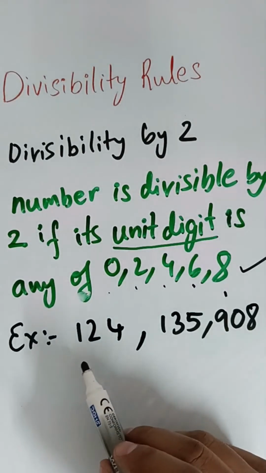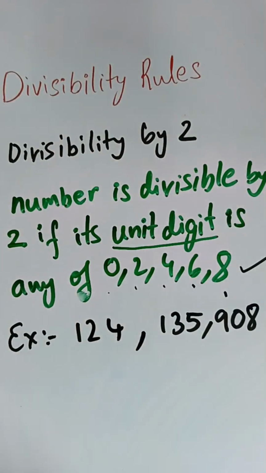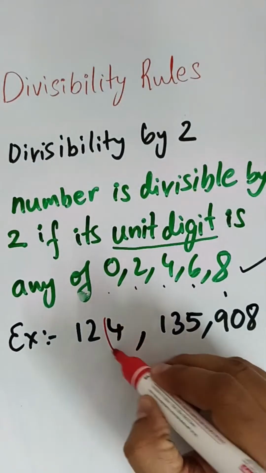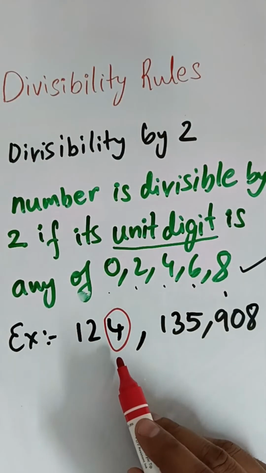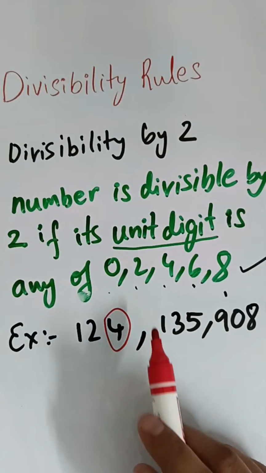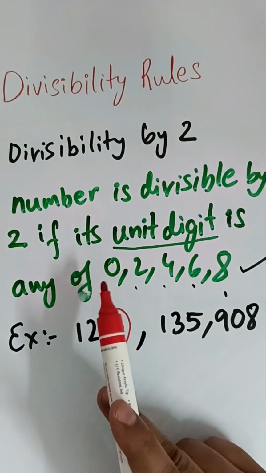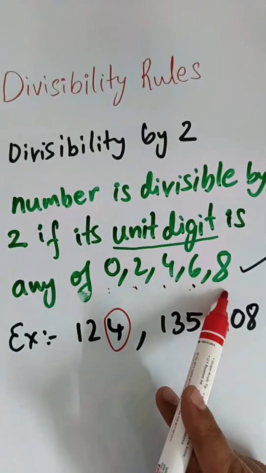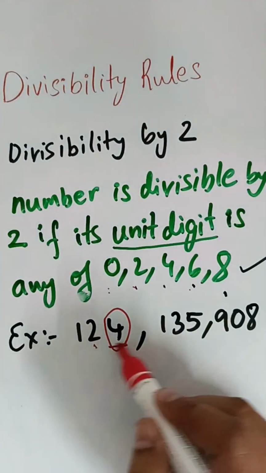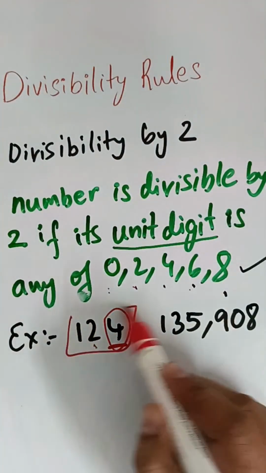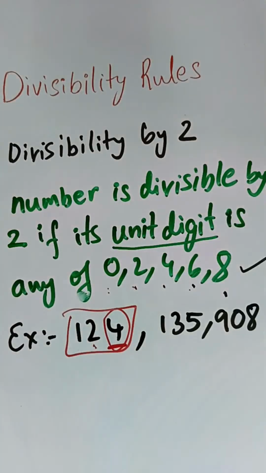So in example 1, that is 124, the units place or unit digit is 4. So according to the rule, if you have 0, 2, 4, 6 or 8, this number is divisible by 2. So if the unit place is 4, 124 is divisible by 2.